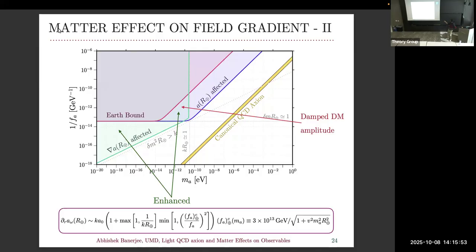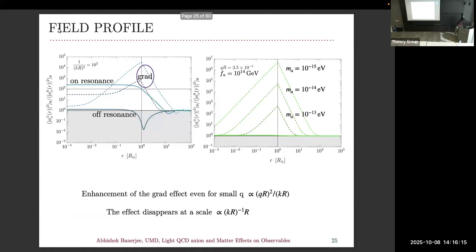When my gradient is enhanced, my amplitude is damped, and I can still do my math without worrying about what Leonta was pointing out, that you have a field-dependent profile. So this triangle is where things are really interesting. I will keep that in mind and come back to it.